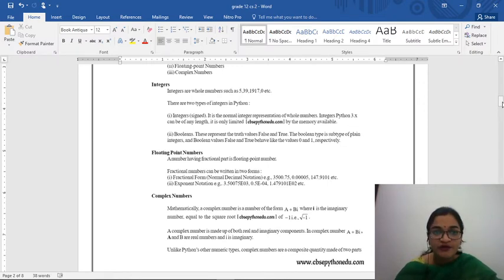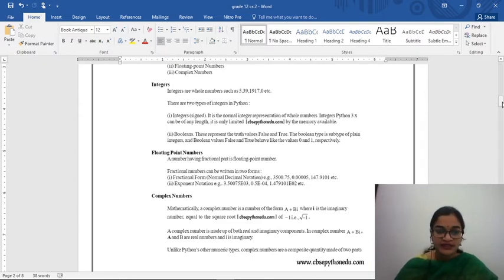It can be of any length, but it is only limited by the memory available. So for integers we can write numbers of any size, provided there is memory available. And booleans represent only true and false, that is 1 and 0. True means 1 and false means 0 respectively.